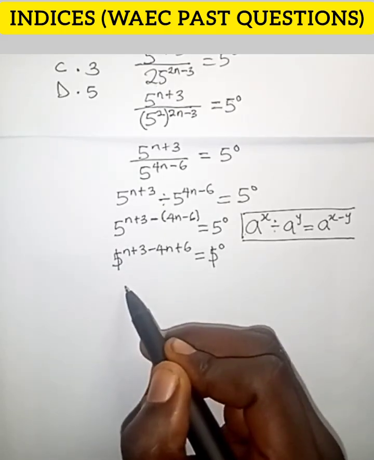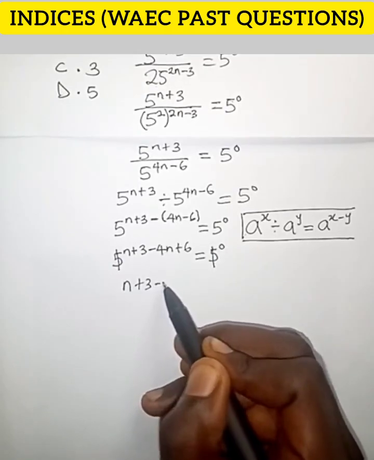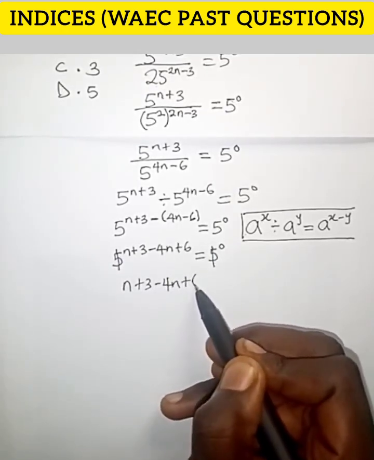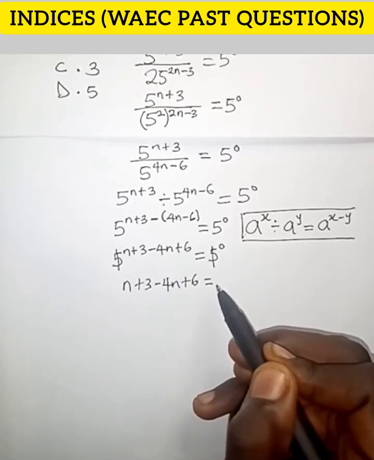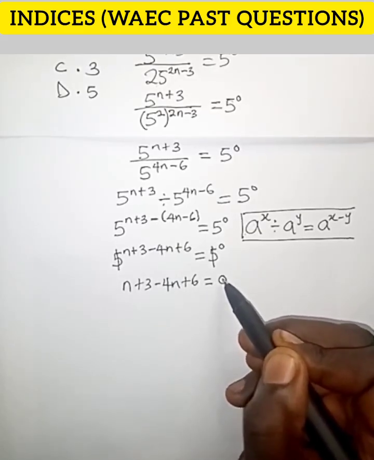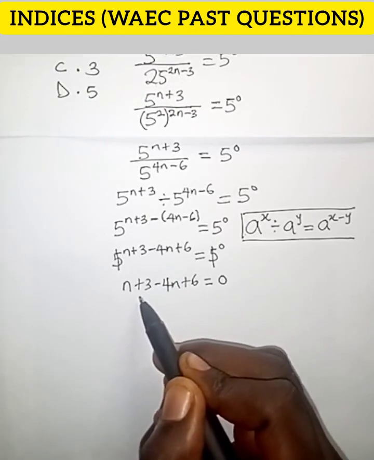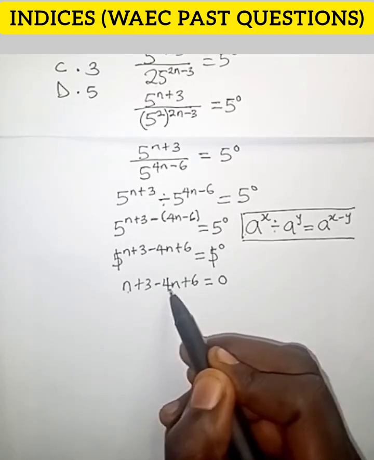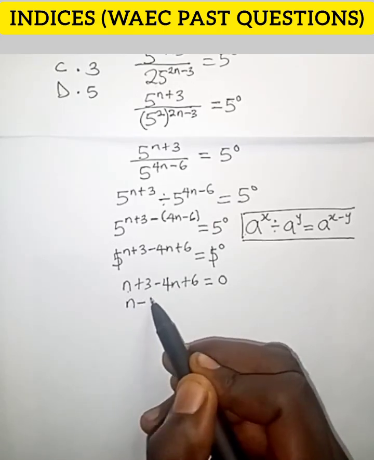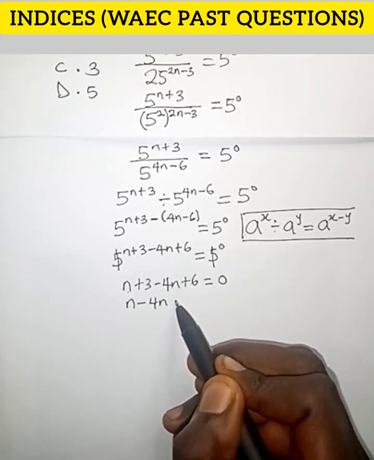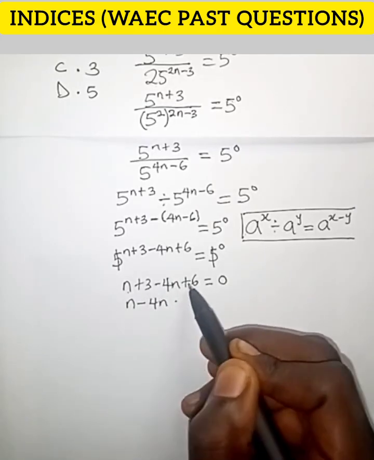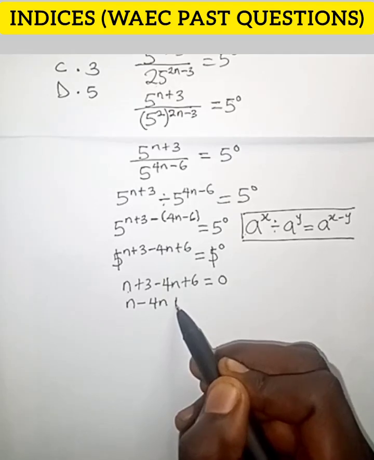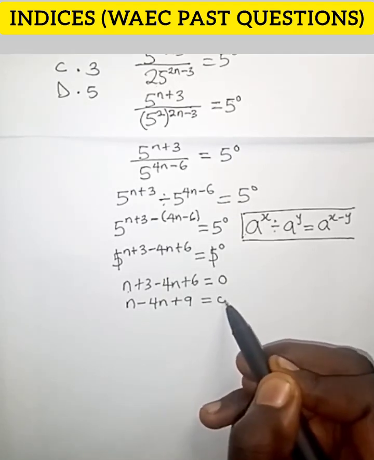So I'm left with n plus 3 minus 4n plus 6 equal to 0. That means n minus 4n, then 3 plus 6, that is 9, equal to 0.